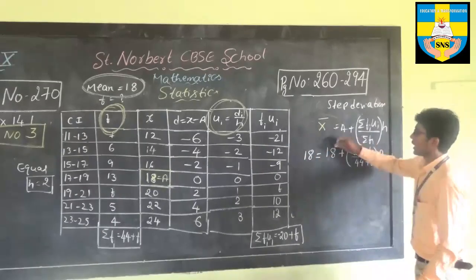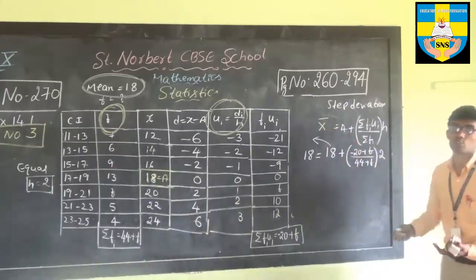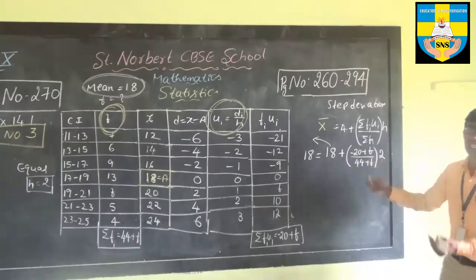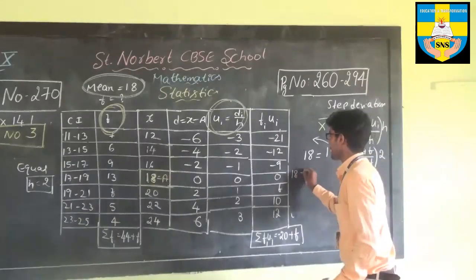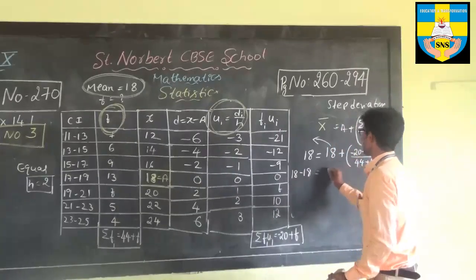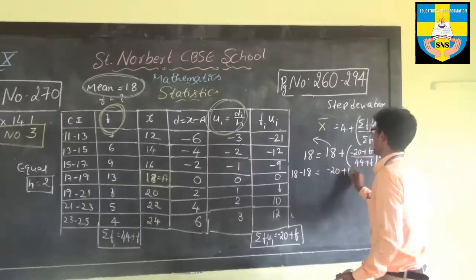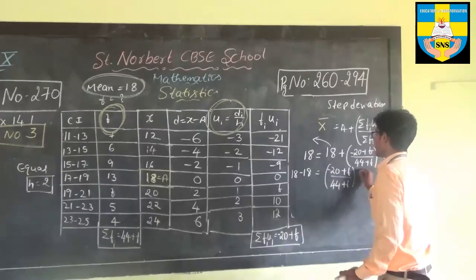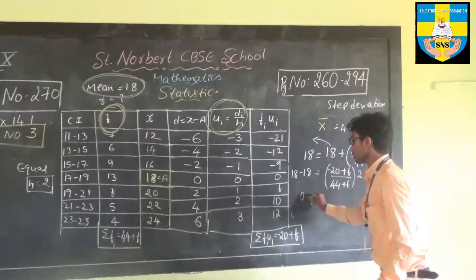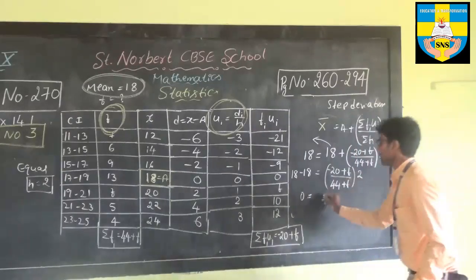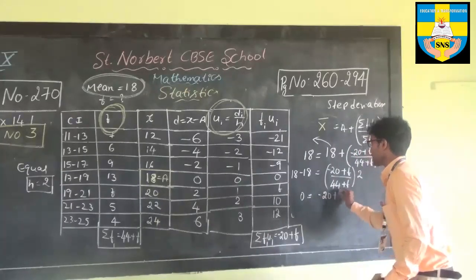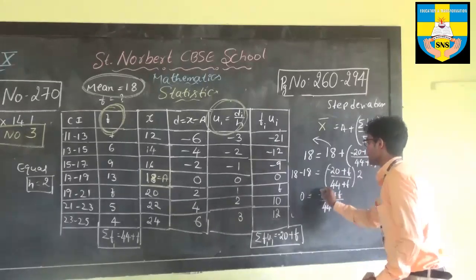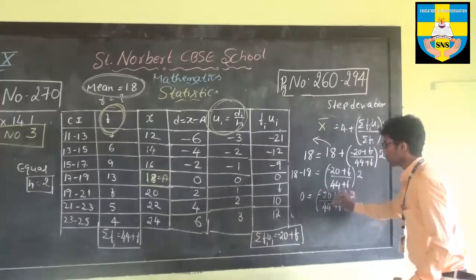2. And afterwards let us go for the calculation part of transposing or cross multiplication, taking LCM. Minus 18 is equal to minus 20 plus F divided by 44 plus F into 2. 18 minus 18, 0 is equal to minus 20 plus F over 44 plus F into 2.